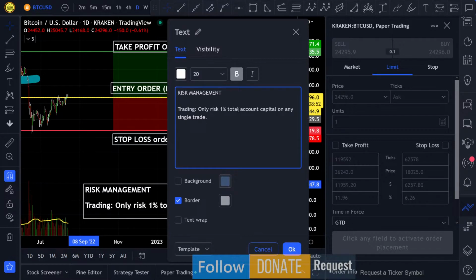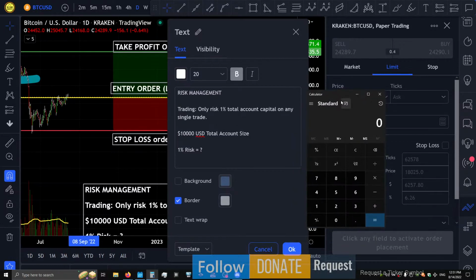So the example I always use is if somebody has a $10,000 USD total account size, what is 1% risk of the account? We'll do it together.